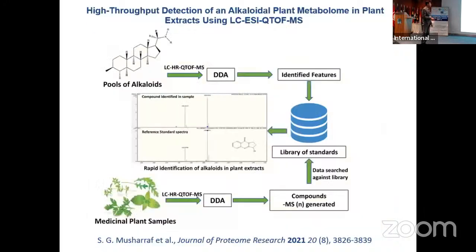After developing the database, we applied it to the analysis of various classes of compounds. This is one example where we analyzed a broad range of alkaloids, over 200 alkaloids in the database that we generated with the same methodology, and applied the same method to a variety of plant extracts and identified the compounds with the same pattern.